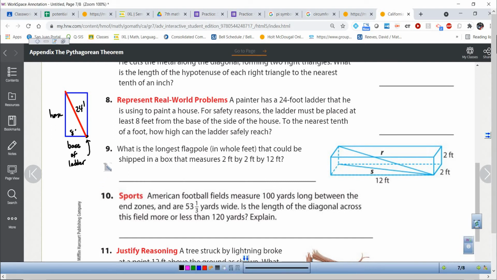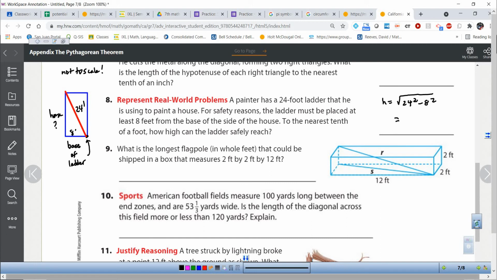And the ladder's length is 24 feet. All right, so clearly this is not to scale, because 24 is 3 times 8. So we want to know, how high can it reach on the house? Once again, that's a leg, right? So h is going to be the square root of the hypotenuse squared, 24 squared, minus 8 squared.